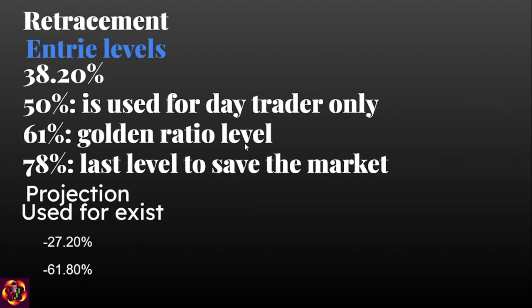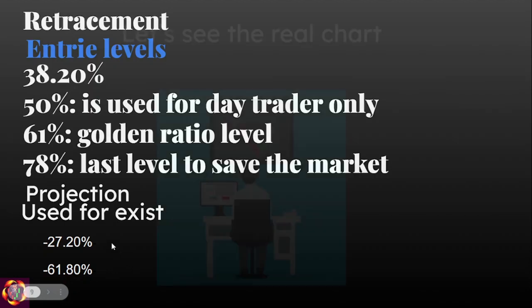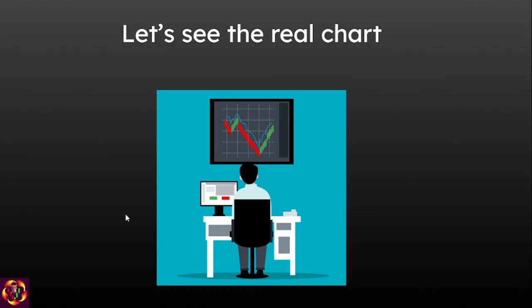It's also used for swing trading. The 78% level is the last level to save the market. For the projection, for exit points, we will use minus 27 and minus 68% levels for our exit. So let's see the live chart.